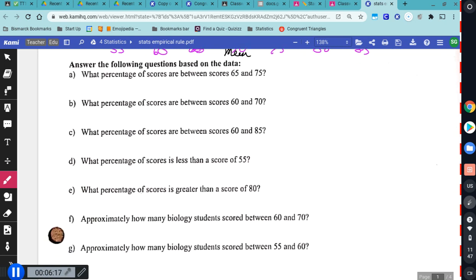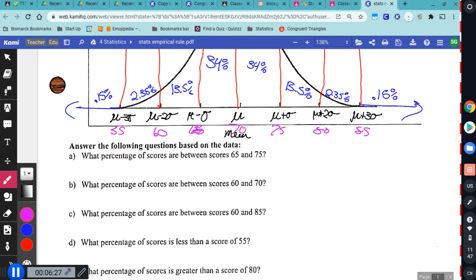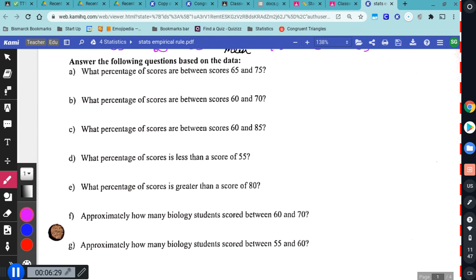And now we have approximately how many. So this is slightly different. We already knew that between 60 and 70 was 47.5%, but now we're multiplying it by the number of people. And don't forget to change your percent to a decimal. Even though it has a decimal point, it's not currently a decimal, it's a percent.